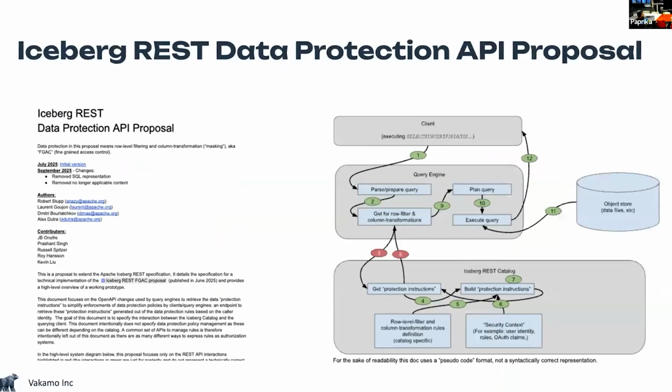There is another proposal that is exactly trying to solve this problem so we can get the permissions policies, and those policies are going to be stored in the REST catalog, and the query engine can use them. And in this situation, we'll actually get to a state where policies are standard as well.